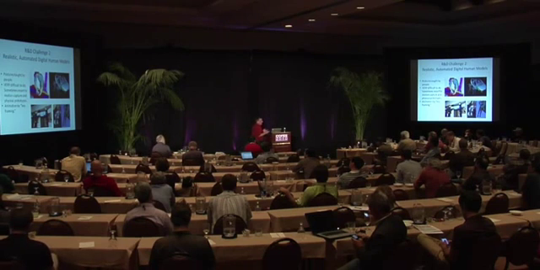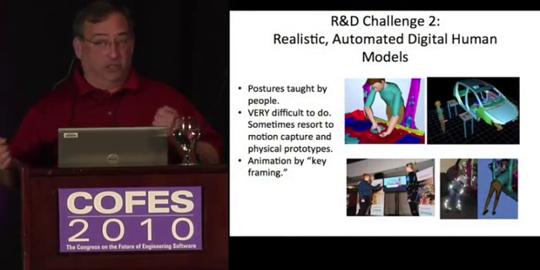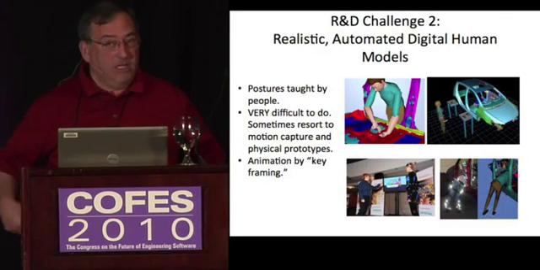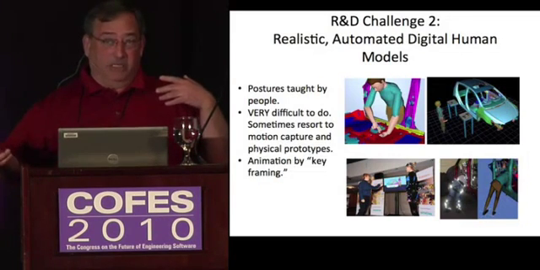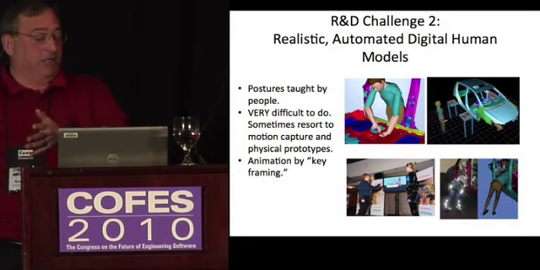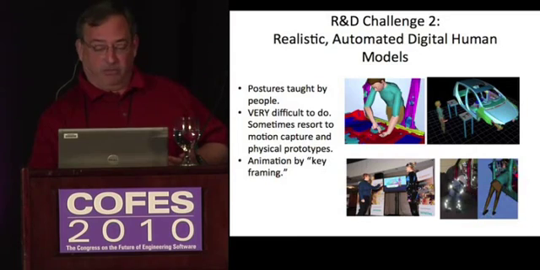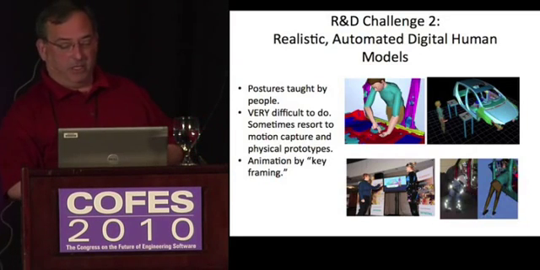They'll record the posture of the human, and then feed that data back into the digital mannequin to get the joints of the digital mannequin to look at the ergonomics issues. This, to me, is not the way we want to go. I don't want to have to wait for physical parts. I would like the mannequin to be smart enough to posture itself realistically in these cluttered environments.